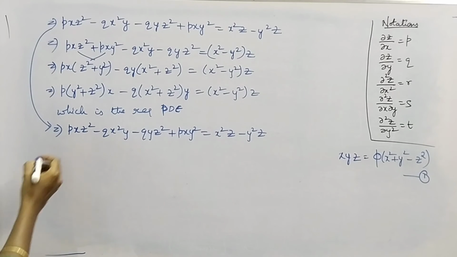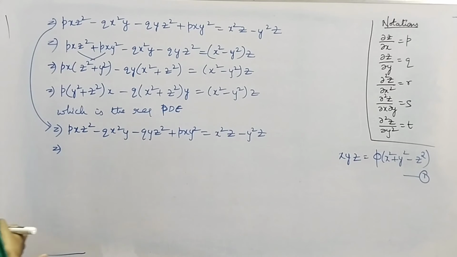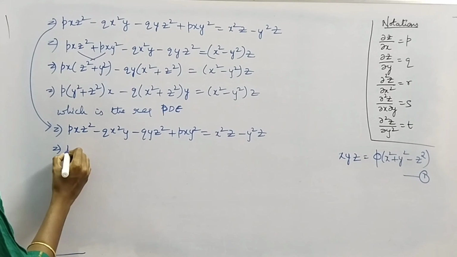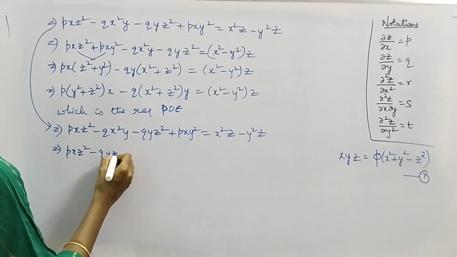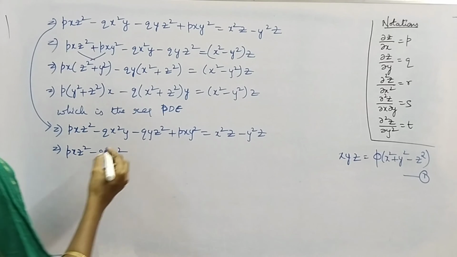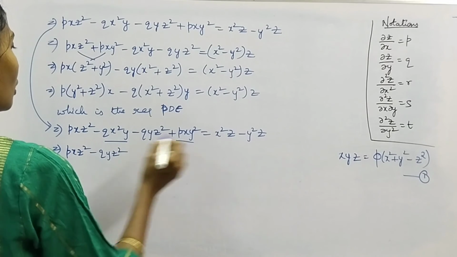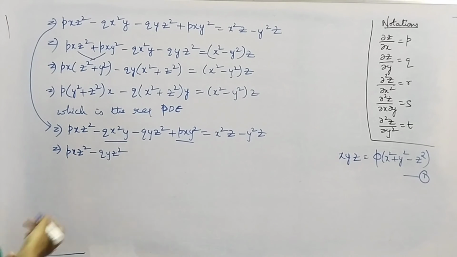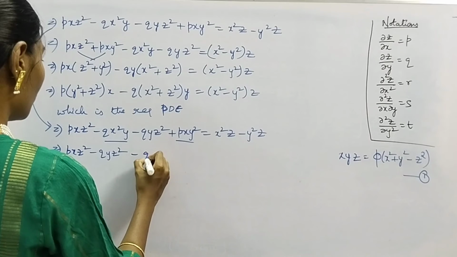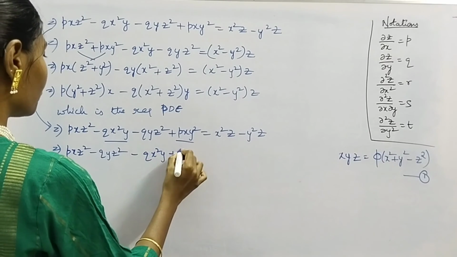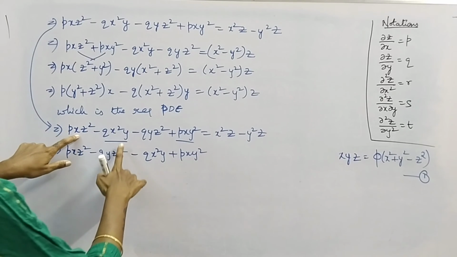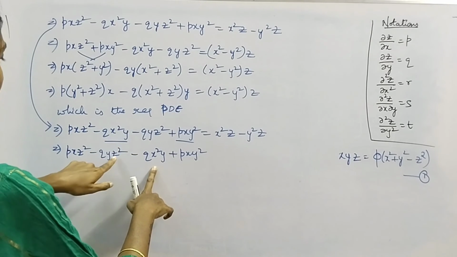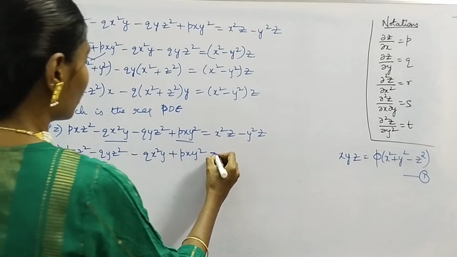So I'll write the terms involving z square first: pxz square minus qyz square. Now the remaining terms involve xy, let it be. I think I have covered all the terms: 1, 2, 3, 4.